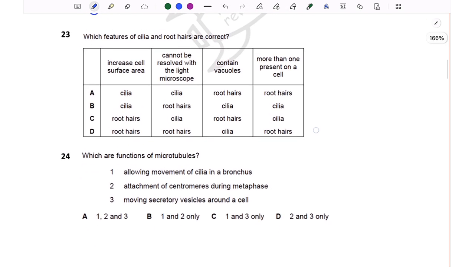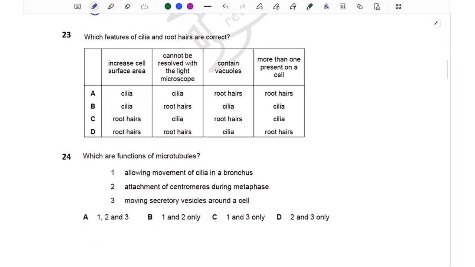The next questions, both are related to cilia and microtubules. Features of cilia and root hair cells are correct.